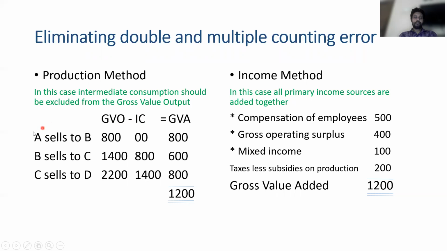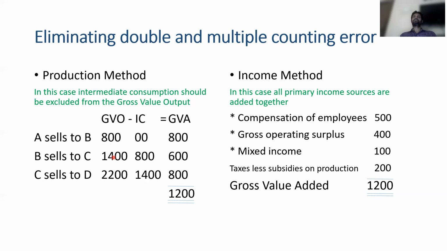Likewise, here firm A sells to firm B. Imagine sugar company to sweet maker. Then the sugar company had 800. There is no value added from earlier, therefore 800 can be taken as it is. Then the sweet maker sells to someone else, such a flow, B to C. Then 1,400 is the output.